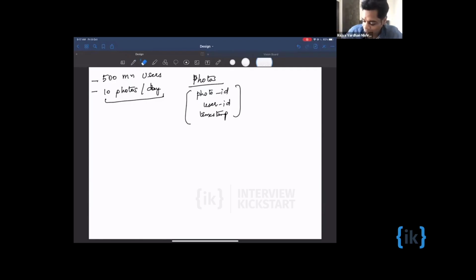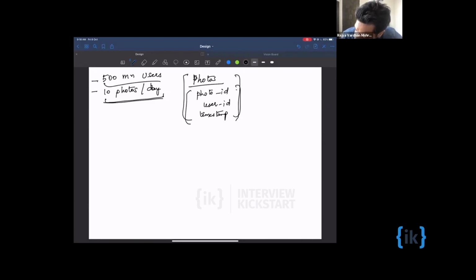When we design photo sharing Instagram, then we'll look into the actual number of columns that are required. Right. So we have this information. We have 500 million users. We have 10 photos per day, and we have this idea of how my photos table is going to look like. And from this, I have to identify how much storage this is going to take, right?